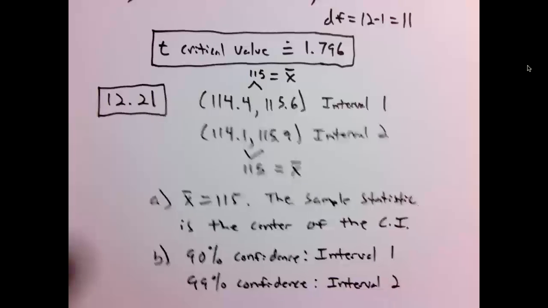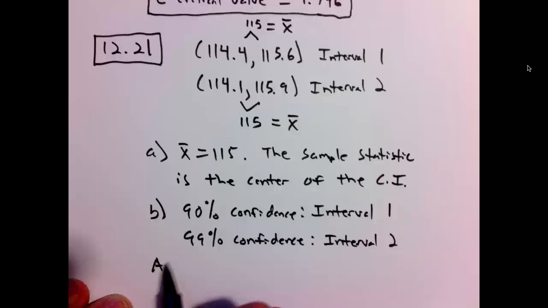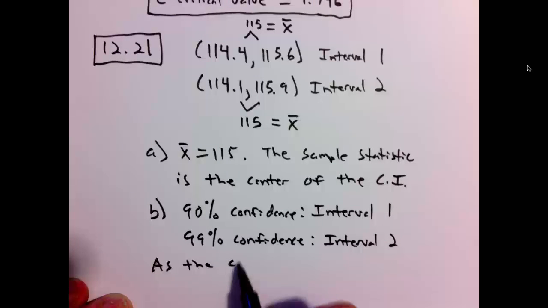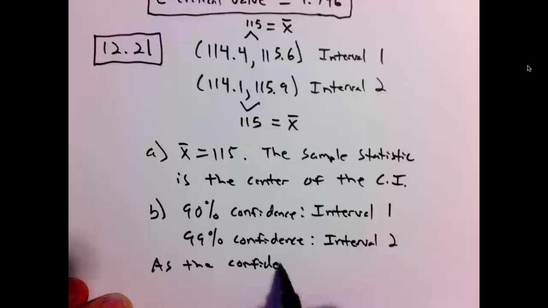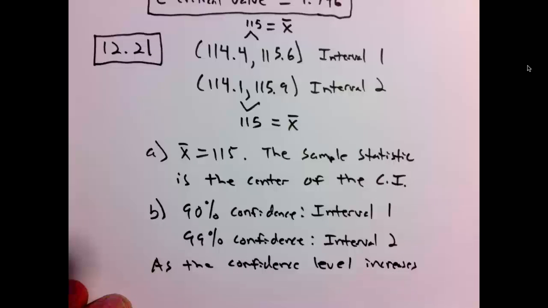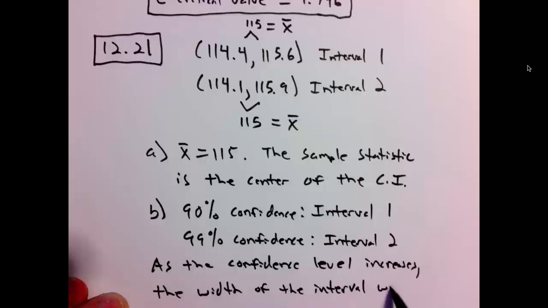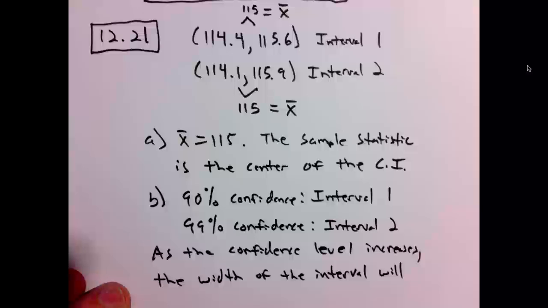The reasoning is as the confidence level increases, the width of the interval will increase, if everything else is held constant.